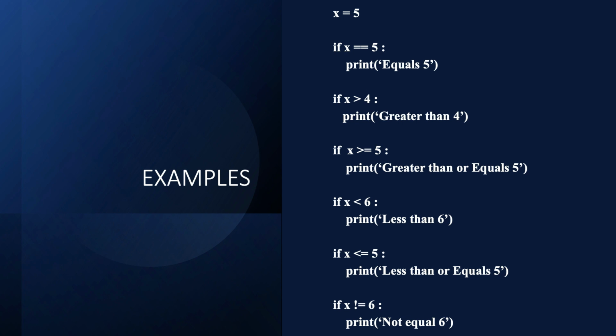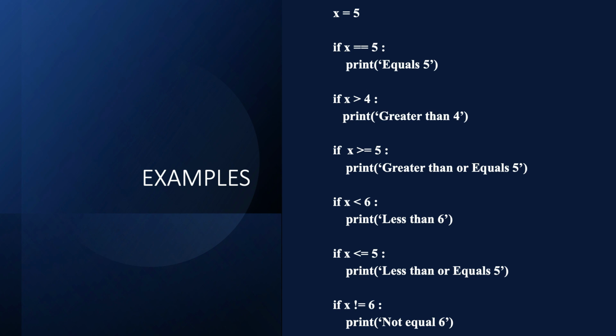Similarly, when we check if x is less than or equal to 5, it also prints a message as the condition is met. And lastly, we have an inequality check to see if x does not equal 6. Since x is 5, the condition is true, and so we execute the indented code, and the program prints not equal to 6.